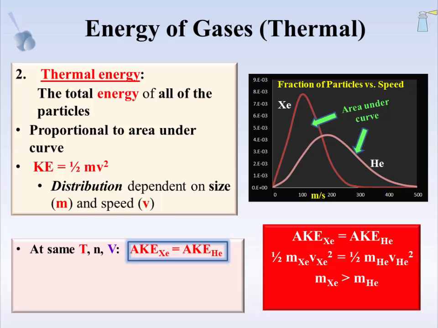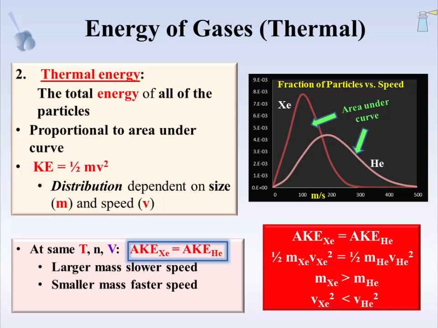For these two energies to remain equal to each other with different masses, the velocity squared term in the AKE of xenon has to be smaller than the velocity squared term in the AKE of helium. That is, under the same conditions, larger mass gases have slower average speeds, and smaller mass gases have larger or faster average speeds.